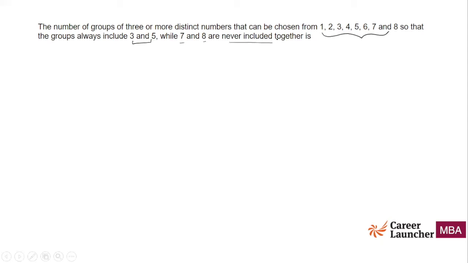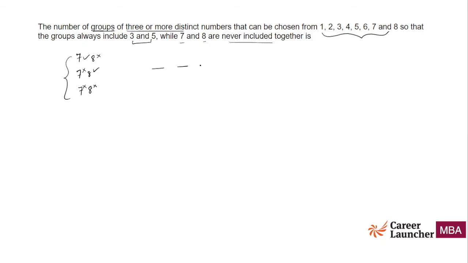So there are going to be 3 cases: one where 7 is there and 8 is not there, another when 7 is not there and 8 is there, and the third when 7 is not there and 8 is also not there. These are 3 possibilities because both cannot be there. And we have to figure out groups. Please understand, it's not the number of numbers, it's groups. So it's about selection, 3 or more distinct numbers.